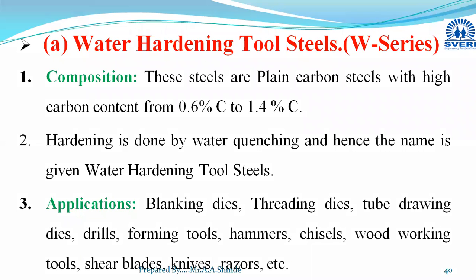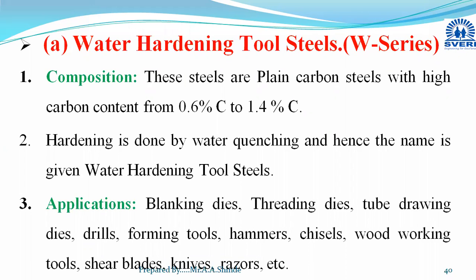Hence we cannot use these water hardening tool steels for cutting operations or hot working operations. At higher temperature ranges, these cold worked tool steels lose their hardness and strength and become soft. Hence we cannot use them as a tool.